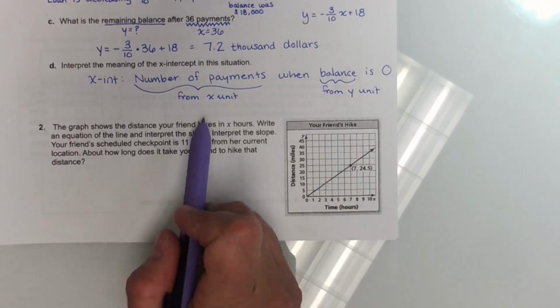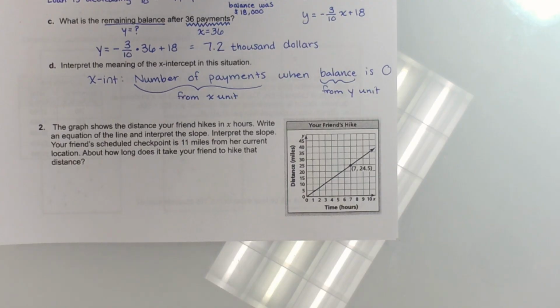Number of payments comes from the x unit for when the balance, which comes from the y unit, is 0. And it's always going to be 0 for that y value for that x-intercept.